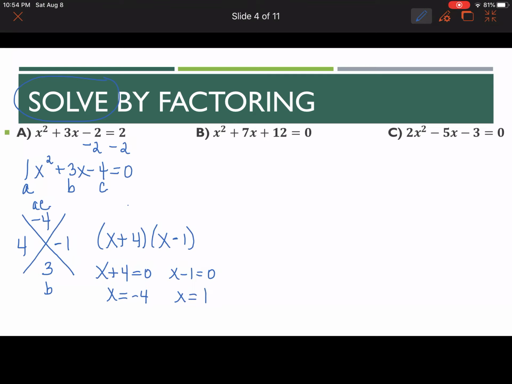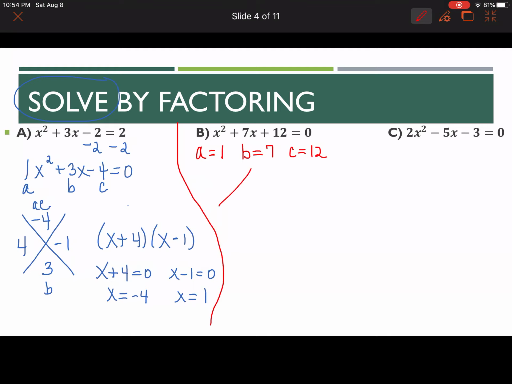Okay, now let's look at our second one. And also, I always encourage you at some points to pause the video, try to work it out on your own, just to see if you remember how to do it. Okay, so when we look at question B, it has already been set equal to 0, so we don't need to subtract or add anything. Our a value is 1, b is 7, and c is 12.